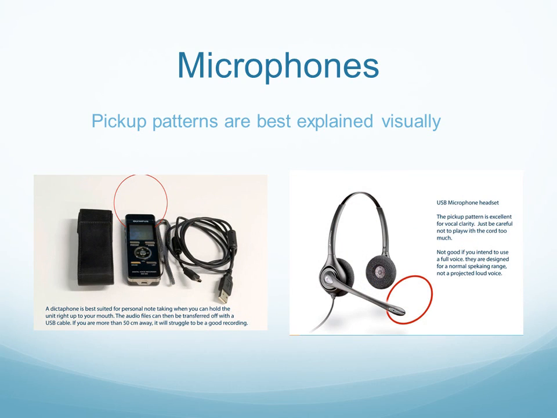There's a little dictaphone that really works best when it's handheld, up close to the mouth, or just sitting on a desk capturing the whole room, where the quality of the audio recording isn't so much an issue as the fact that it is being recorded. And then a microphone headset, another example. They're not all the examples, but that's visually showing you how the pickup pattern changes between different types.